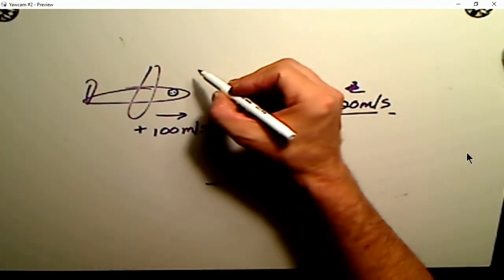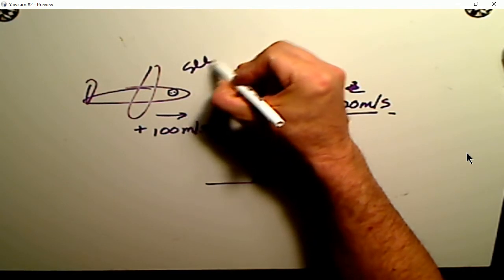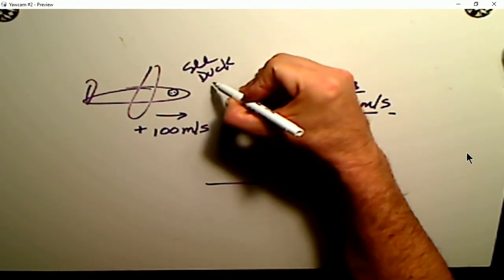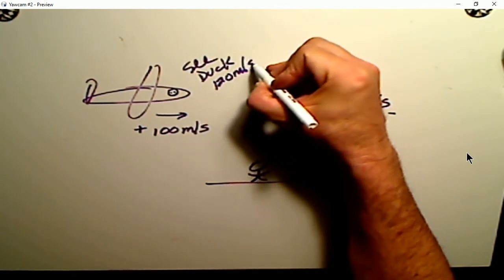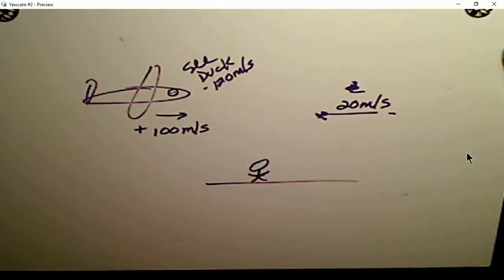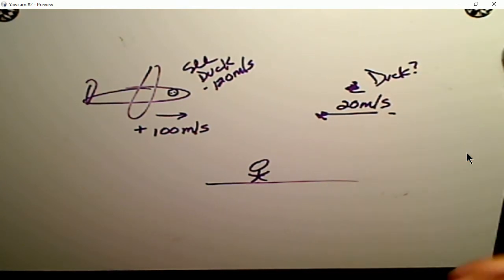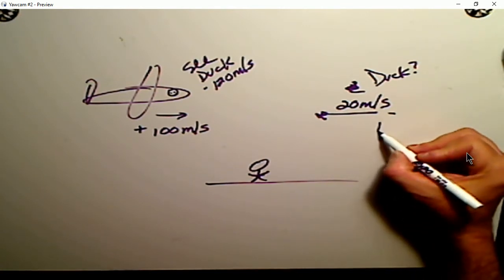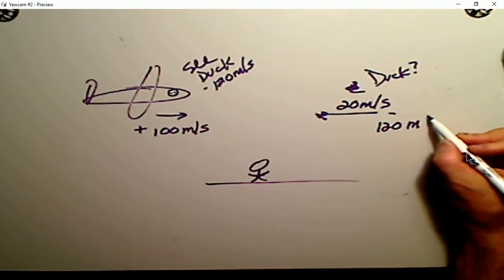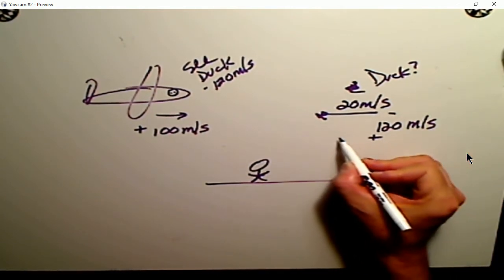I see the duck going at 120 meters per second, negative, towards me, right? What does the duck see? Well, the duck is moving. According to that movement, the plane is moving at an incredible speed, 120 meters per second towards it. The plane is coming in.